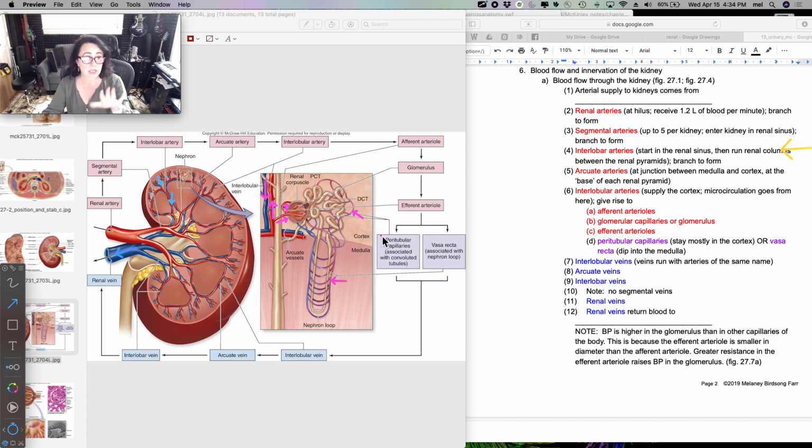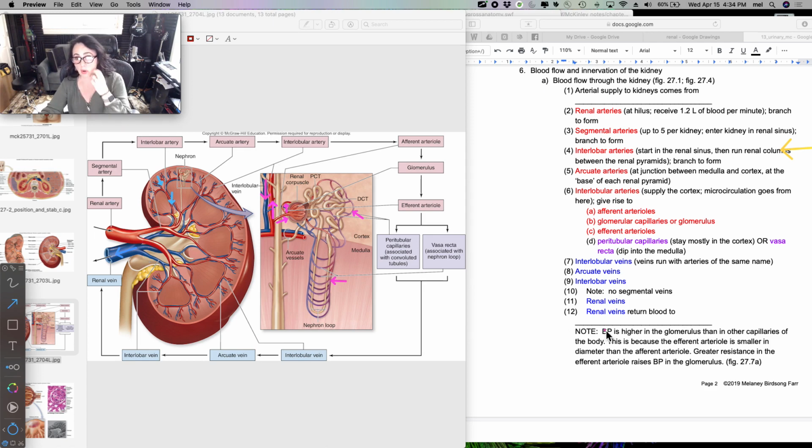This picture is confusing because it shows both, but you don't generally have both in one nephron. Either it goes to peritubular capillaries or vasa recta, and then pretty much you're done cleansing the blood, and you're going to send it back into the interlobular vein, right? And then on its way out, it's going to go arcuate vein, interlobar vein. These are not called segmental, but they should be veins. Back into the renal vein and back into the inferior vena cava.